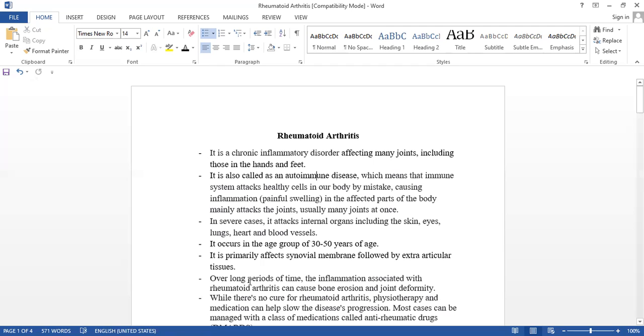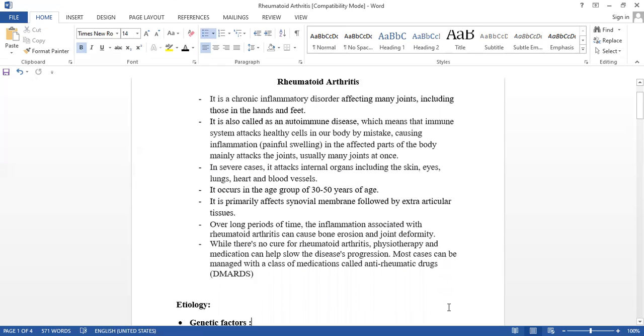Now see. Over long periods of time, the inflammation associated with rheumatoid arthritis can cause bone erosion and joint deformity. Before also I told you, it causes deformity in the joints.